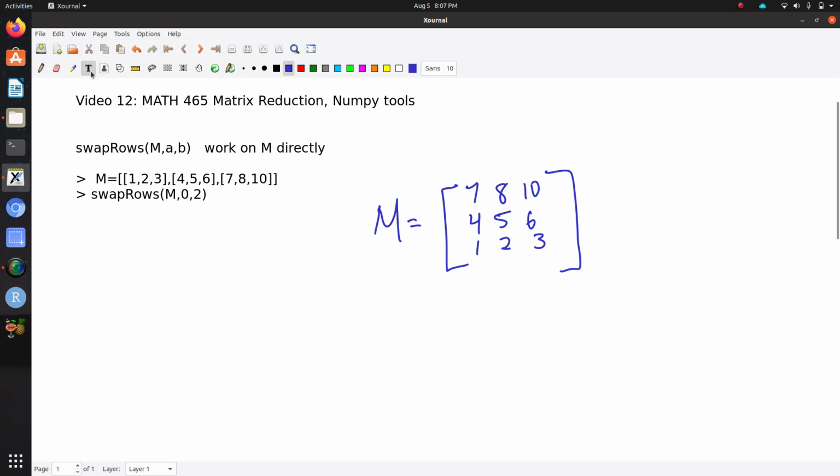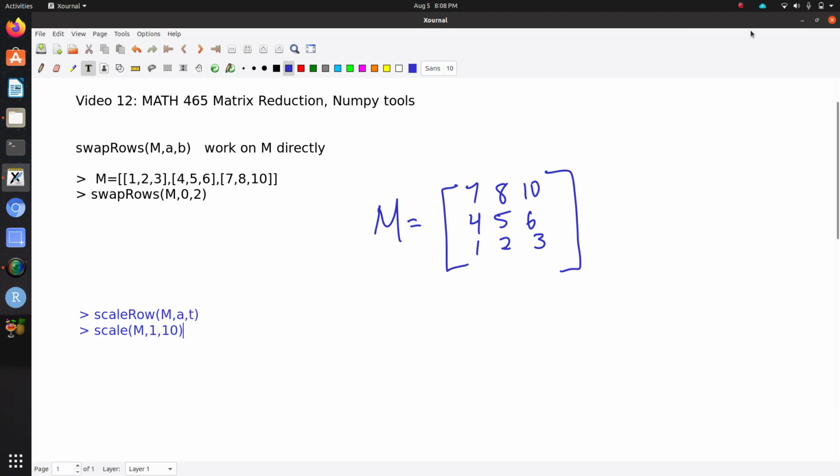If I had another function that's called, let's say, scale row MAT, then it should do what you would expect. So if I said scale M, let me just go look that up for a sec. I just wanted to make sure I didn't swap the role of A and T on you.